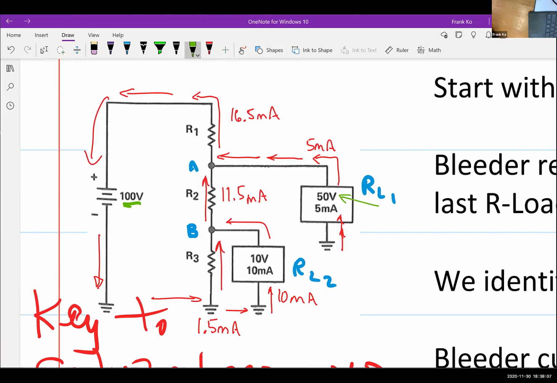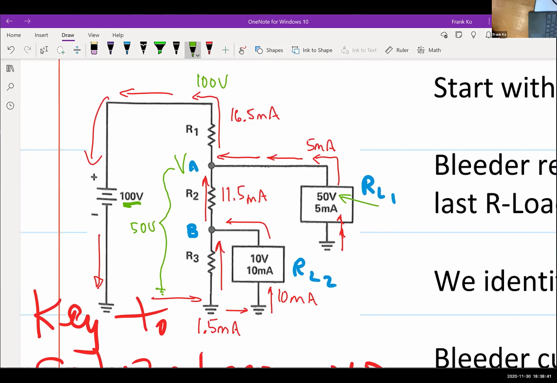Is that right? So the voltage at point A, VA, from here all the way to ground, is going to be 50 volts, because point A is the top of RL1, after resistor R1. If I have 50 volts at point A and I'm starting with 100 volts at the top, the voltage across R1 would be 100 minus 50.